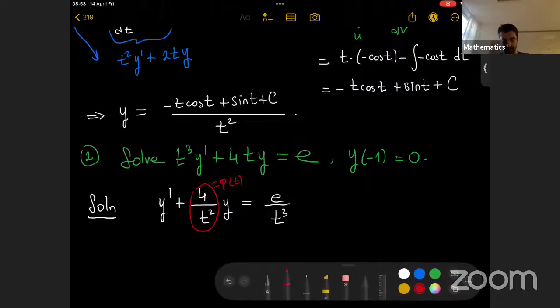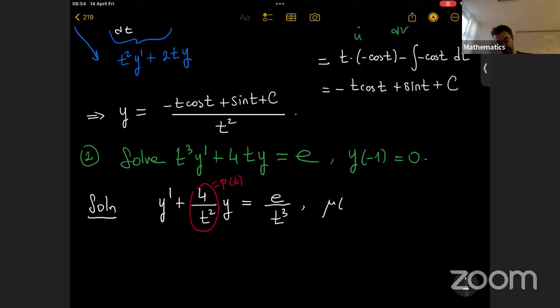So we can find the integrating factor, mu of t, which is e to the integral 4 dt over t squared. Well, this is basically e to the minus 4 t to the minus 1. Okay, good.